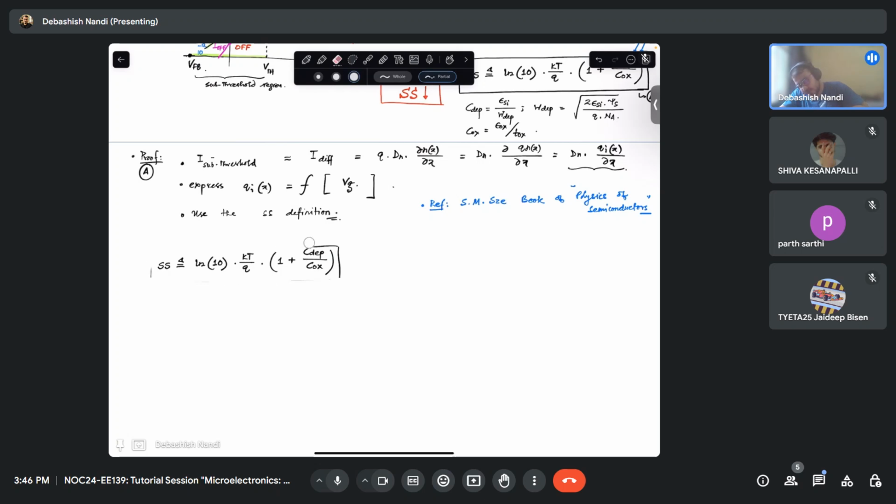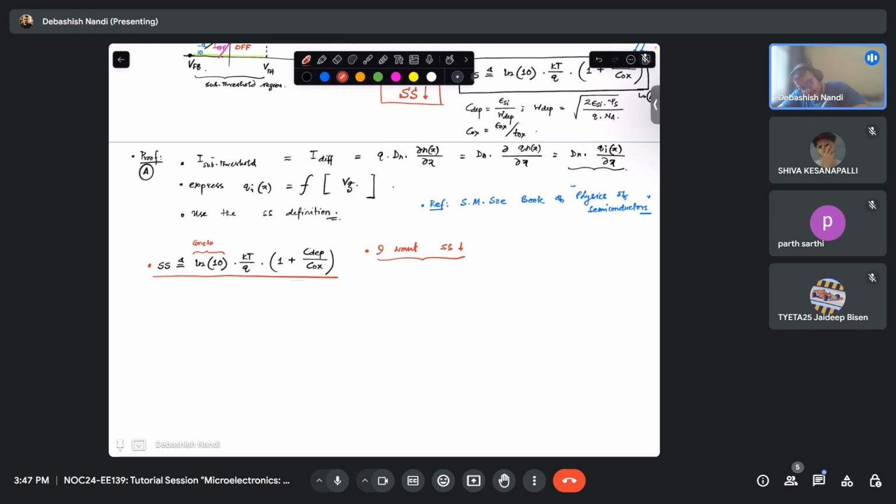So this was my subthreshold swing, right? What do I want SS to be? I want SS to be as minimum as possible, right? So can you tell me what is in your control to reduce SS? This is a constant term.